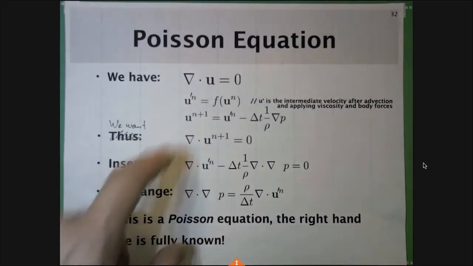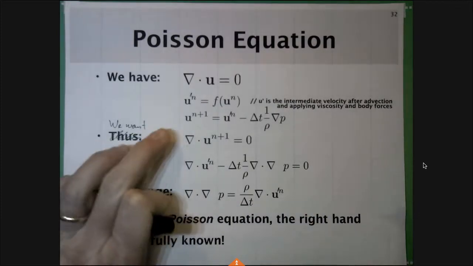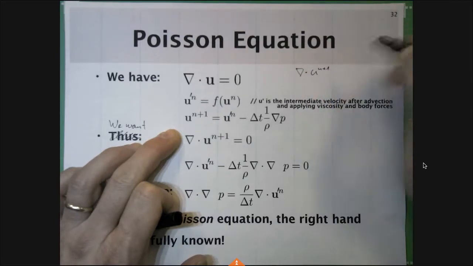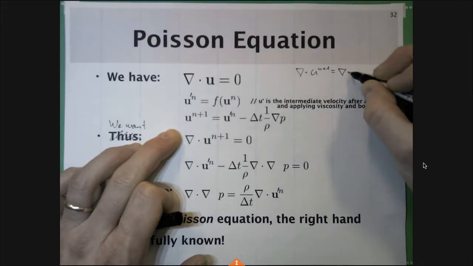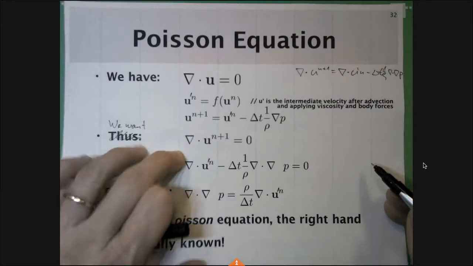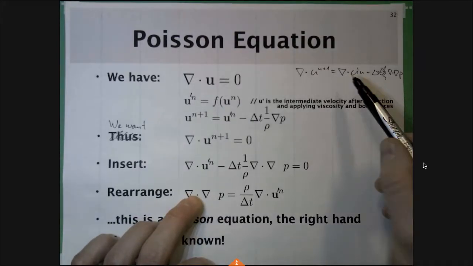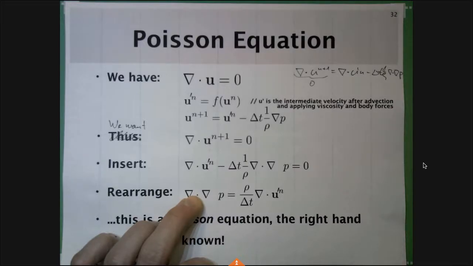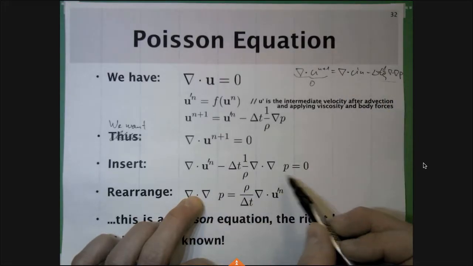Let me try to write this: the divergence of u n plus 1 equals the divergence of u prime n minus delta t, 1 over rho, the divergence of the gradient of pressure. This I want to be 0, and this is exactly what I have here.